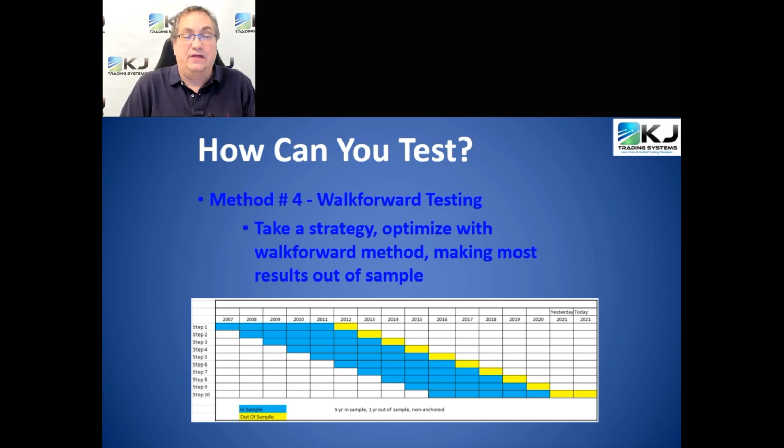And in this particular case, you get from 2012 to 2021 as being out of sample. And that's nice, because you want out of sample data. It is a lot more representative of future performance than in sample optimized data. So it's a great technique.